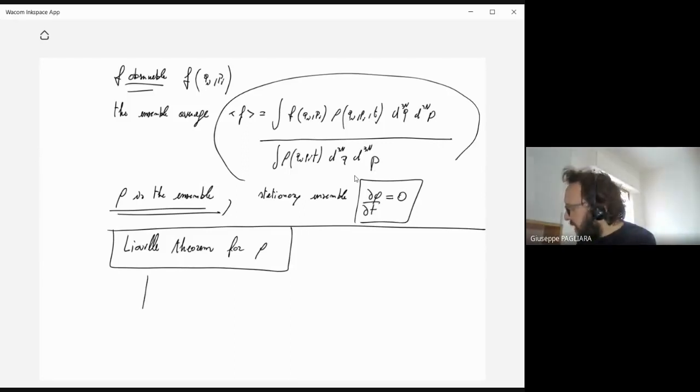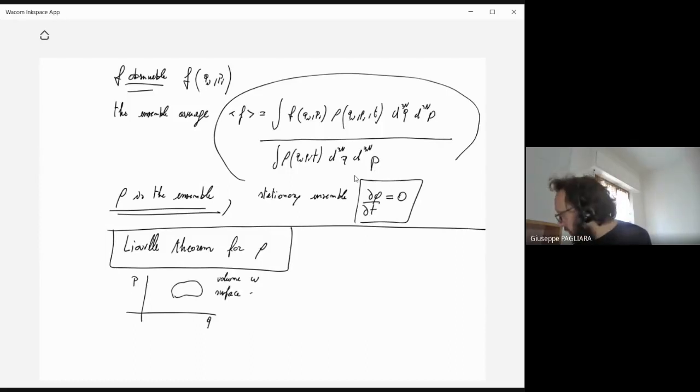Now, suppose that we are in phase space. This is P, this is Q, and let's take a region, a portion of the phase space with a certain volume omega, and the surface that is called sigma. Okay, this is omega, and this sigma is the surface of this portion of the phase space.